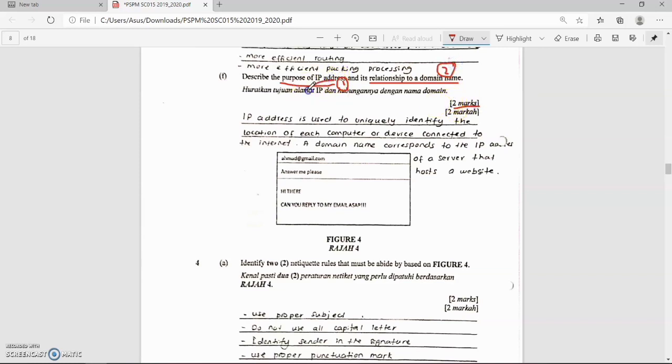The first answer: IP address is used to uniquely identify the location of each computer or device connected to the internet. The second, its relationship to a domain name: the domain name corresponds to the IP address of a server that hosts a website. So this one is the second answer.